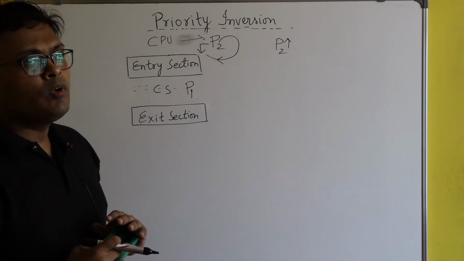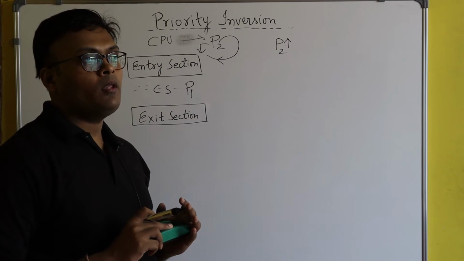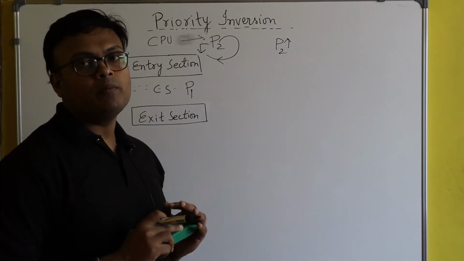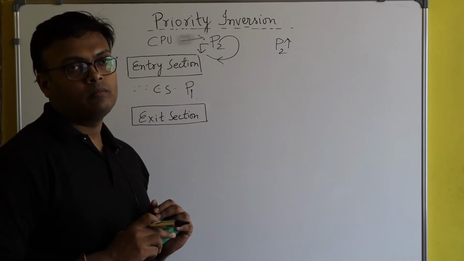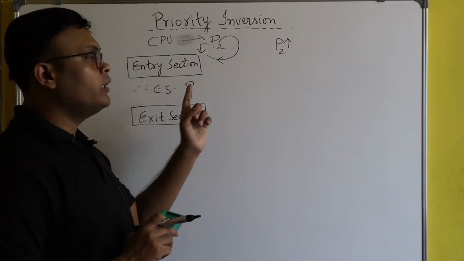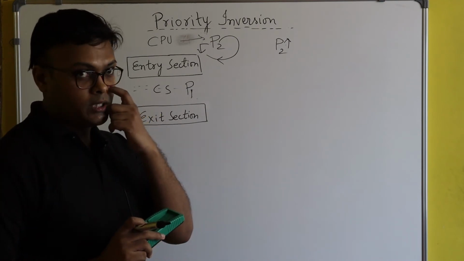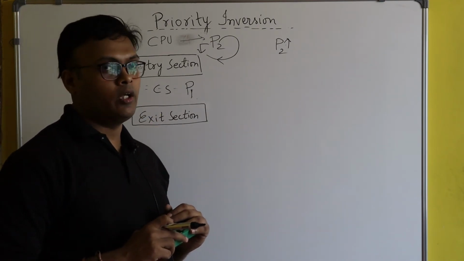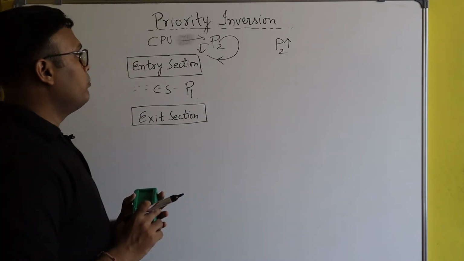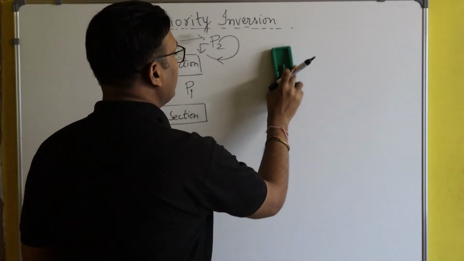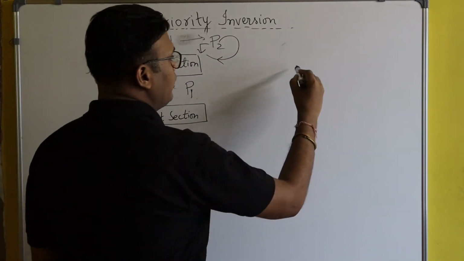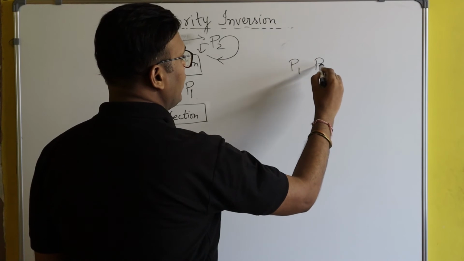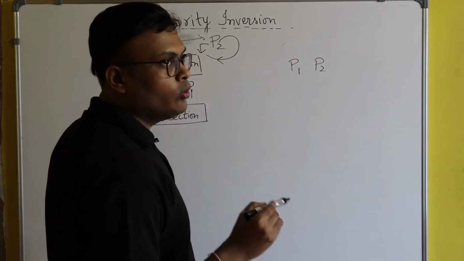Now one thing you tell me: in the round robin CPU scheduling algorithm, will this problem occur? Just think. No, not at all. Let me tell you why. Suppose there are two processes, and what happens in the round robin algorithm?